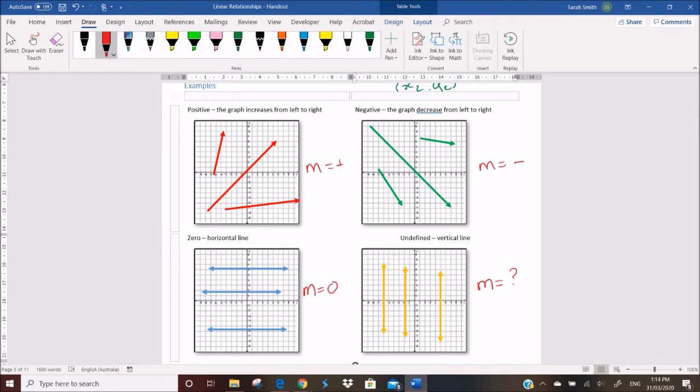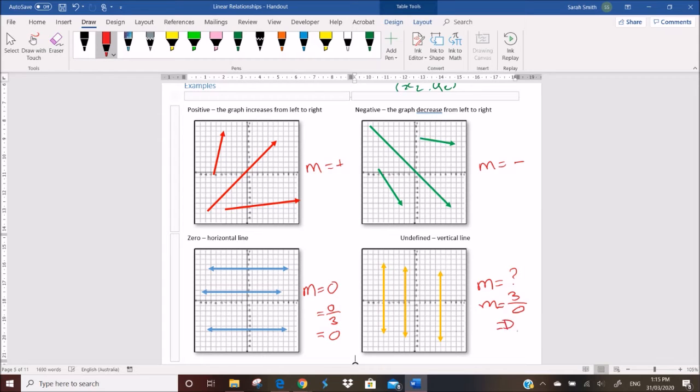That's what undefined means, because if we were to put them into our formula, rise over run, for this one here we'd have a rise of 0, a run of, let's say 3. A rise of 0, run of 3, that's just going to give you 0. Over here, we could have a rise of 3, but our run is 0. You cannot divide by 0.